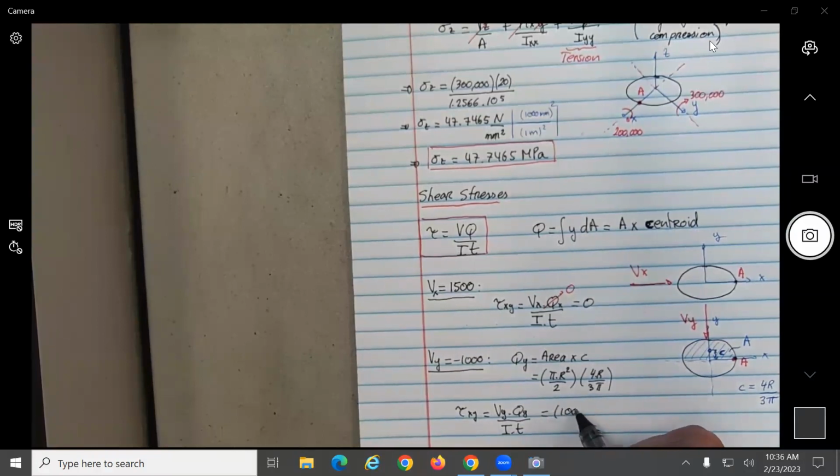Two parts. We're already doing it that way, so it will be 1,000 times, I don't know what Q is, okay? So Qy, whatever that would be. 5.33. 5.3333, okay.